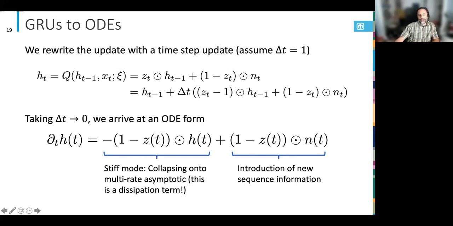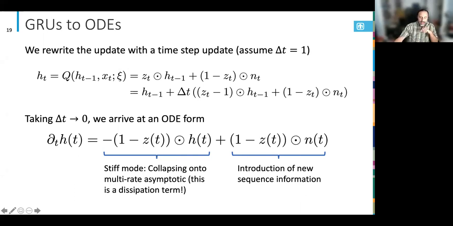So when I look at this ODE that we get from this, you see that this is a stiff mode, okay? So this is basically a mode that's collapsing onto some sort of multi-rate asymptotic. This is basically a dissipation term. So it's taking all the old information and deciding on a fixed hidden state that represents it.